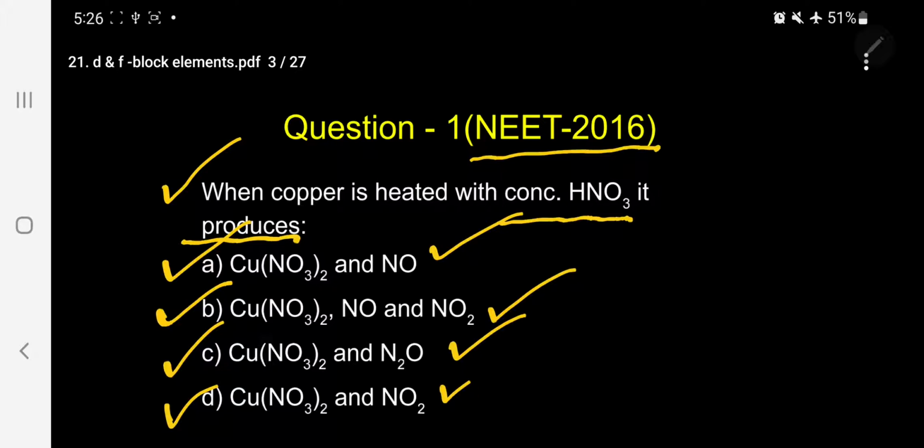Kindly follow, this is the most important information. There are 3 important mineral acids: concentrated hydrochloric acid, nitric acid and sulfuric acid. When active metals react with dilute acid, they normally liberate hydrogen.